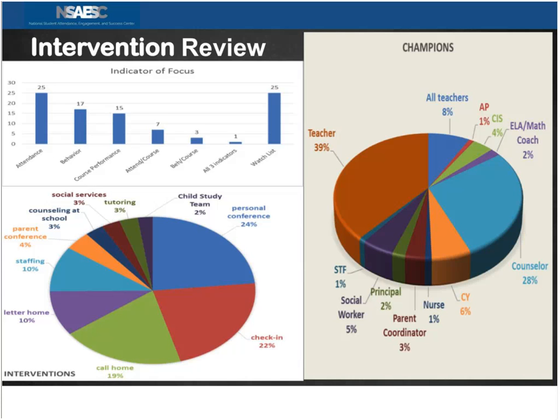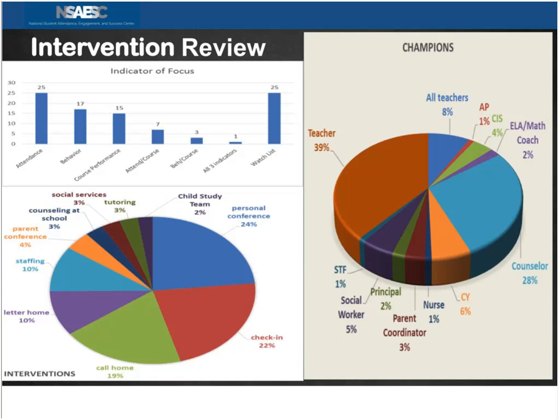The graph on the left side at the top is their indicators of focus. And they were curious to see, after doing this over a period of time, what were the key indicators that most of our students struggled with or had challenges in. And so as you can see across, sometimes students had more than one indicator.